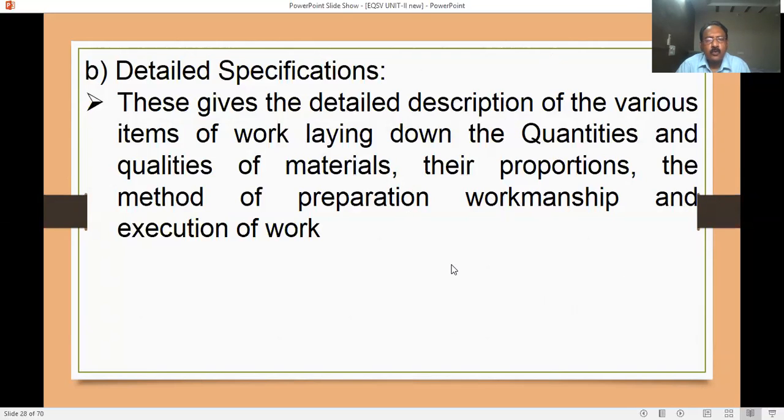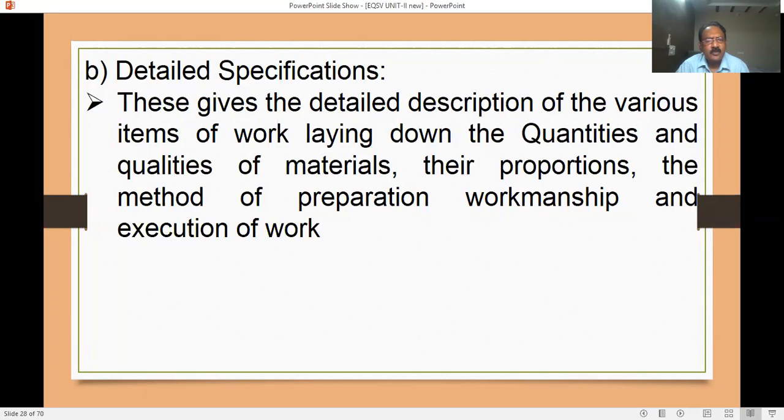What is the wood? What types of doors do we have to provide? What is the size of the doors or windows? What is the quality of the materials we have to use? Teak wood or wood, aluminum doors, or ordinary plastic doors or windows.